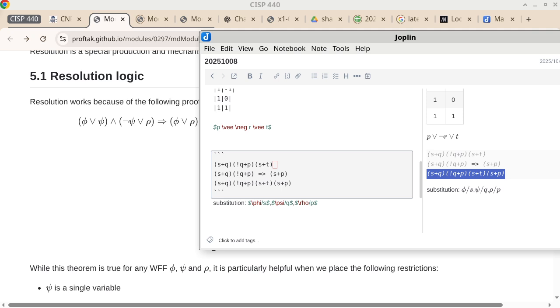So if all the components are true, that means the first two components are also true. If the first two components are true, and we know this implication is true because of the proof that we have here, that means S or P is also guaranteed to be true. In other words, I'm just extending a bunch of stuff that is already true with another expression that is also known to be true, that is derived to be true. So that doesn't really change the truthfulness of the final conjunction.